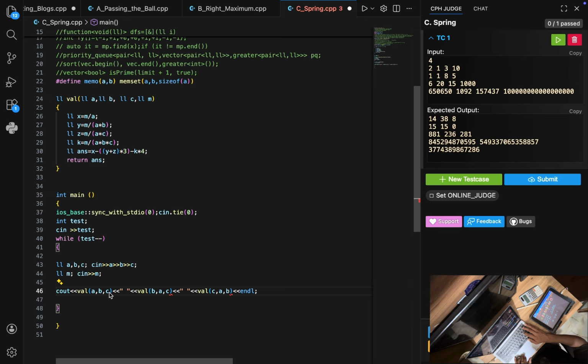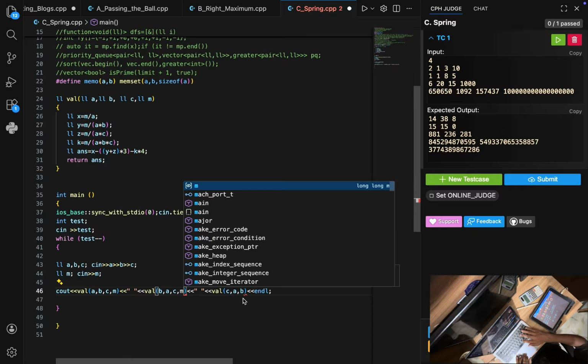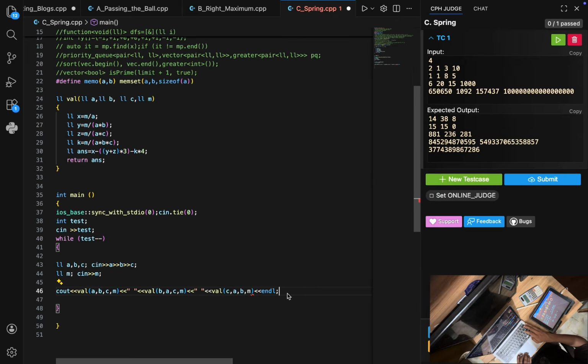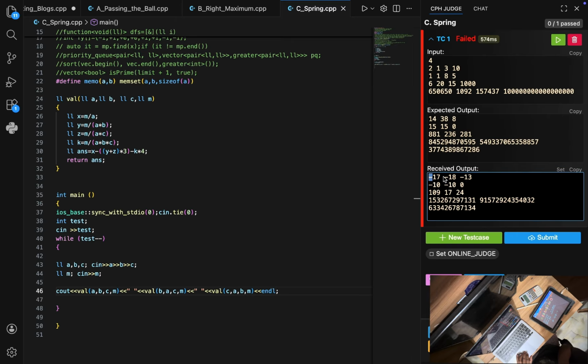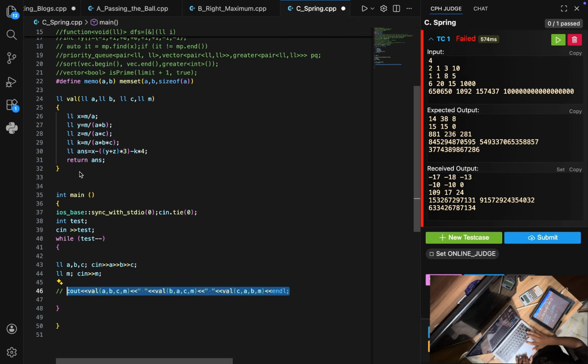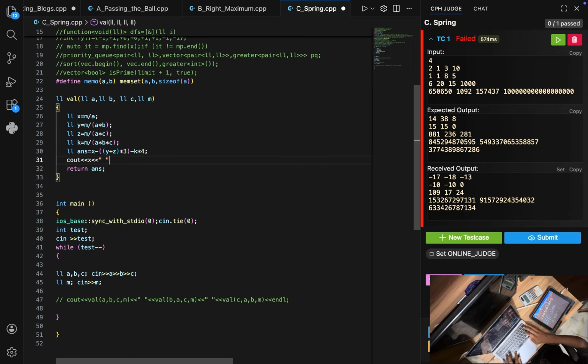I haven't passed m. Let's see. Okay, it gave me weird output. 18 minus 18 somehow. Cout x.